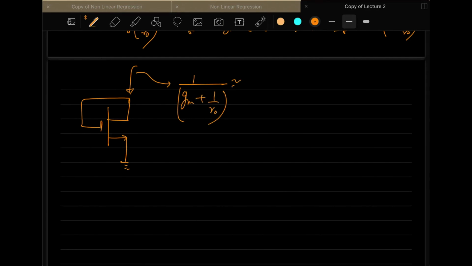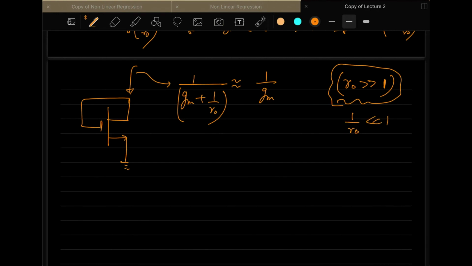This can be approximated as 1 over GM, because RO, the output resistance of the MOSFET, is much greater than 1, so 1 over RO is very small and we take it to be close to 0. So it can be approximated as 1 over GM. This is the small signal resistance when you look from top to ground.